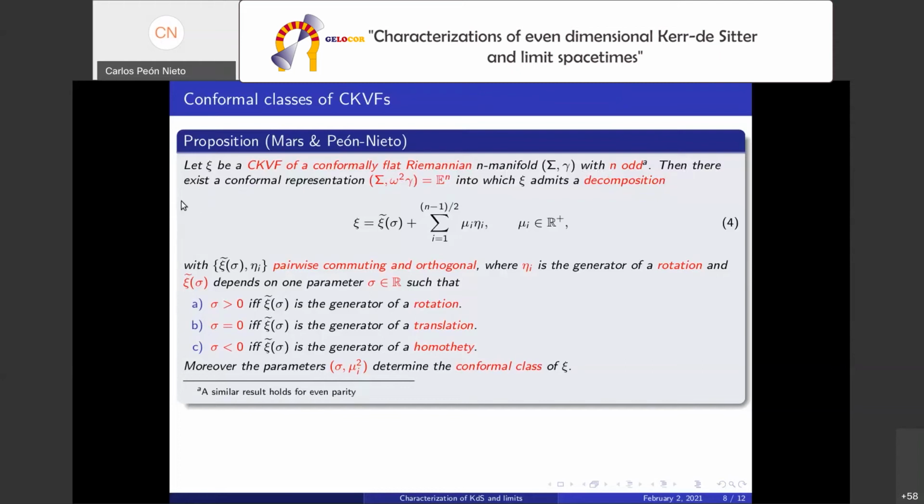Then there exists a conformal representation of the manifold which is locally isometric to the Euclidean space.